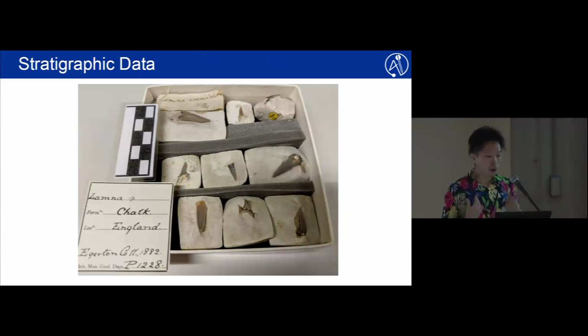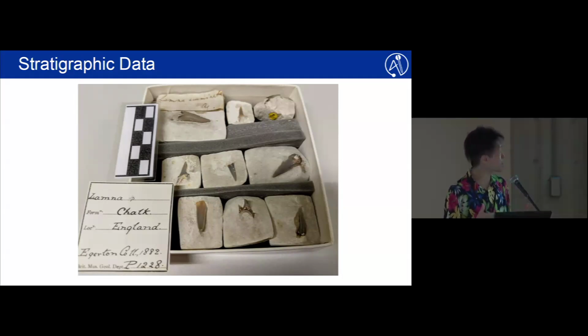So one very important thing researchers want to know from this kind of chalk sample is when this chalk was formed. However, as I mentioned 30 seconds ago, this data was collected around 150 years ago, and at that time, people didn't really care much about the details of the sample itself.